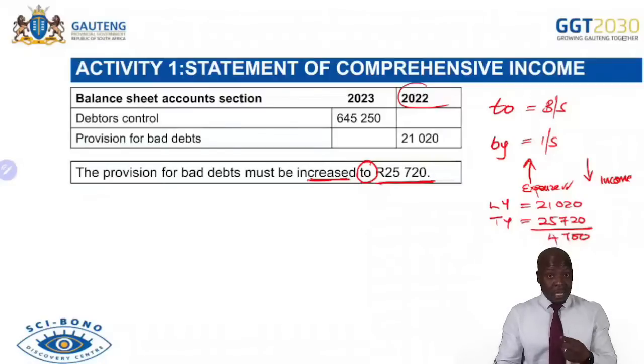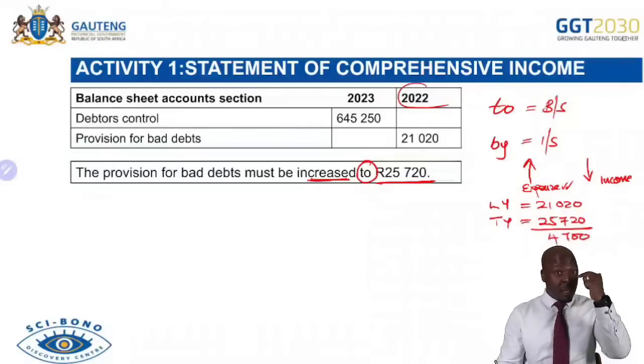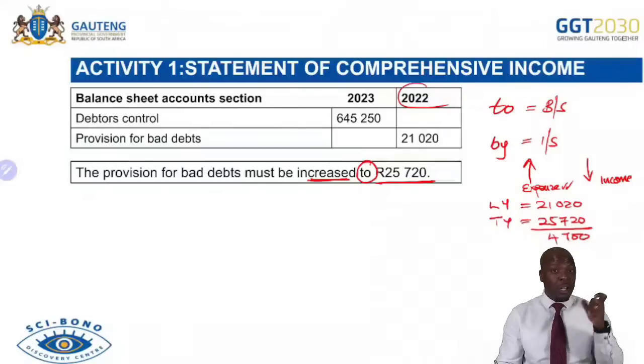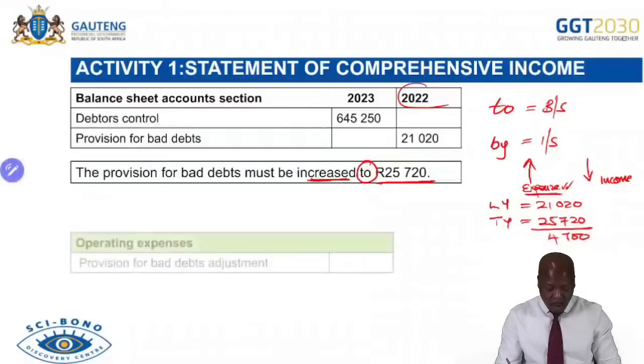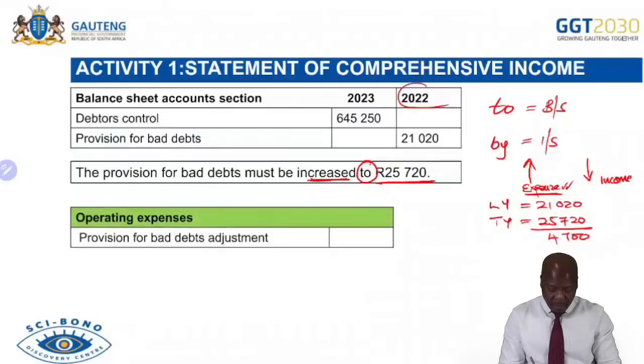Once we have the difference in the statement of comprehensive income, we record the difference, that is either the increase or the decrease between last year and this year. And we already know it's an increase, so it is an expense. So it therefore means I'll come here under my operating expenses, and then I'm going to say provision for bad debts adjustment, and then my amount is going to become 4,700.